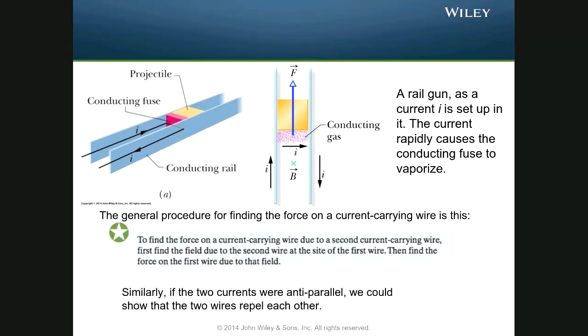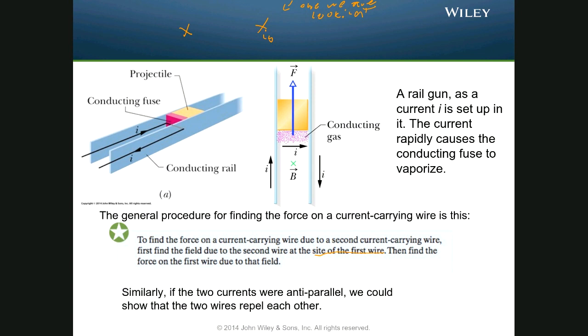So when looking at the two wires going into the board, we have our wire here we're looking at. One we are looking at. So that's the site of the first wire.